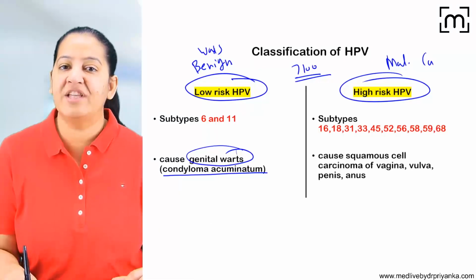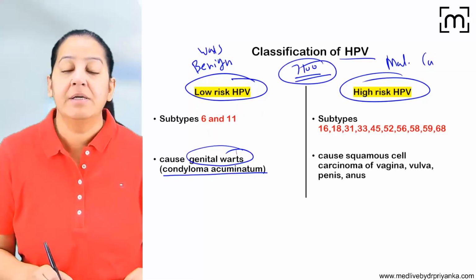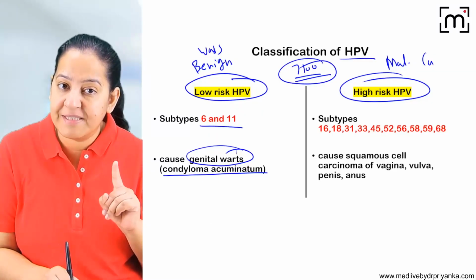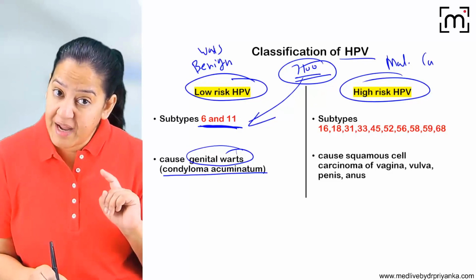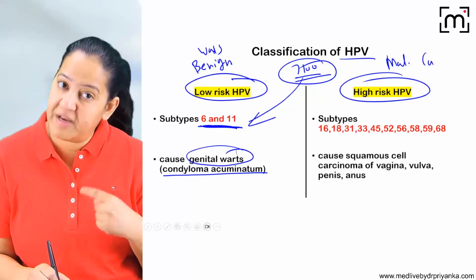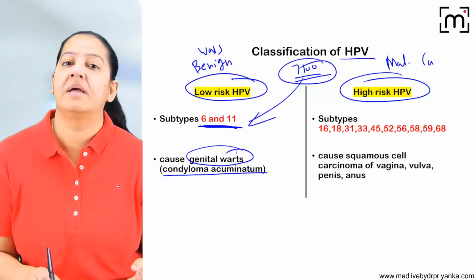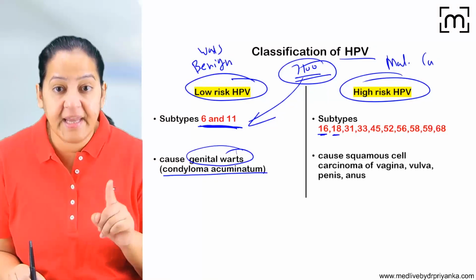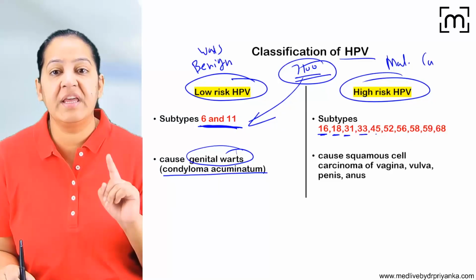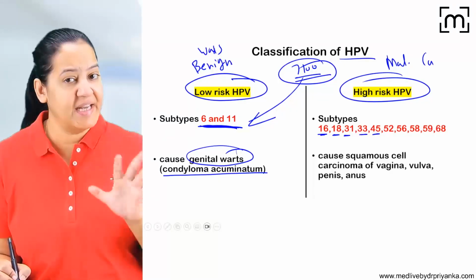So I told you HPV is more than 100 types. The benign ones are serotypes 6 and 11. 6 and 11 are always benign. They are low risk HPV, they lead to benign lesions, that is warts. And for high risk, learn the most important ones: 16, 18, 31, 33, 45. Learn these 5, at least these 5.